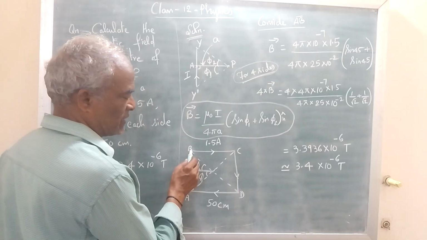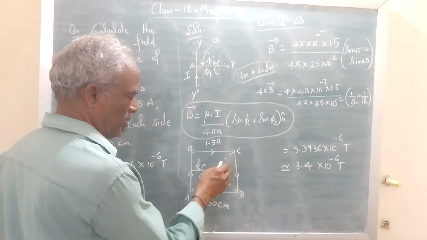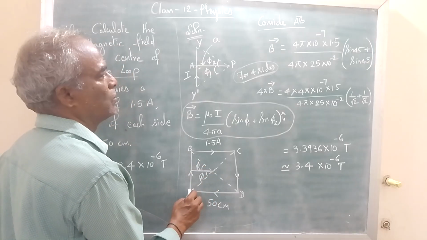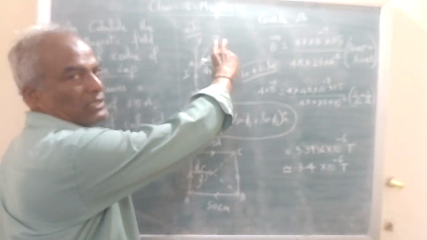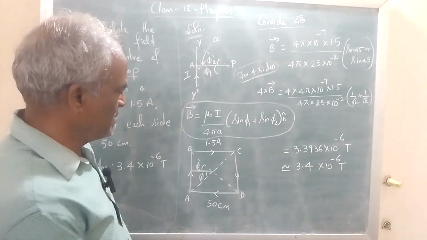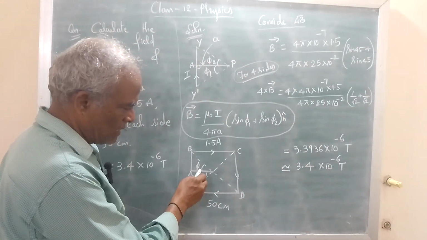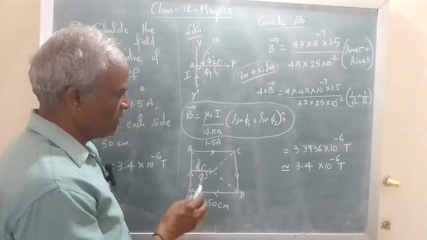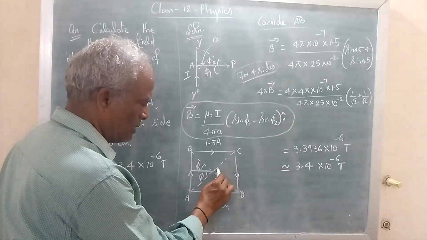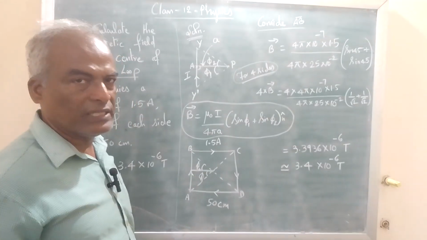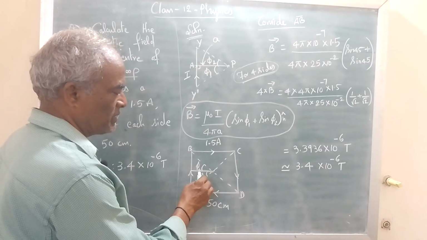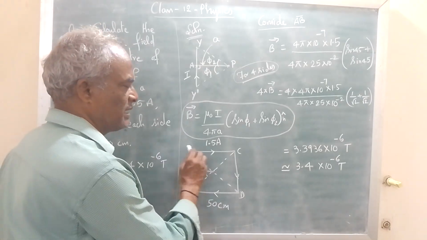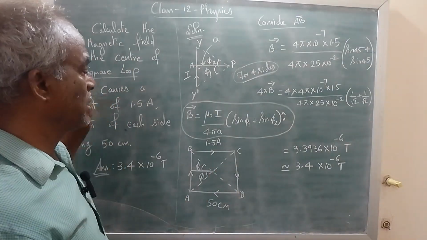Now we just make diagonals BD and CA. If you consider only this part alone, it resembles this diagram, with angles phi 1 and phi 2. But in this case, the total degree around this point is 360 degree, so it is divided into 4 because it is a square loop.